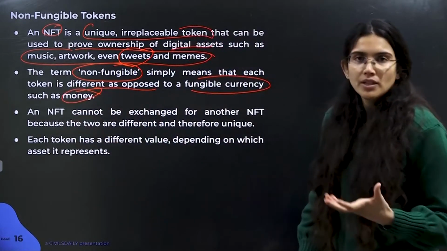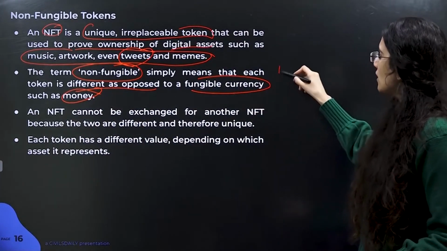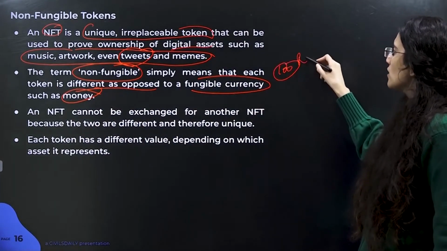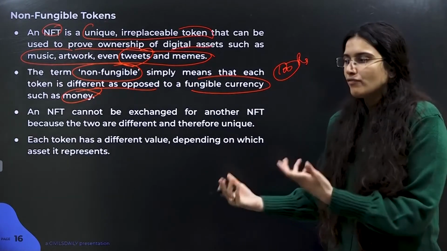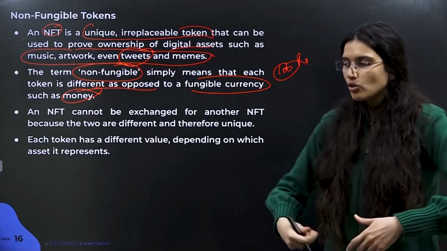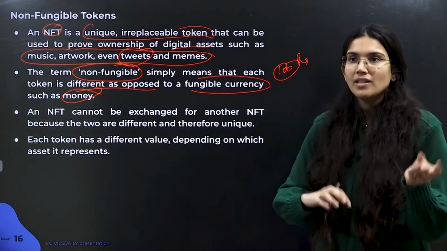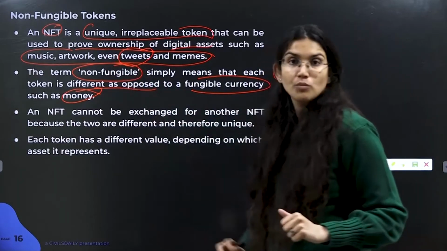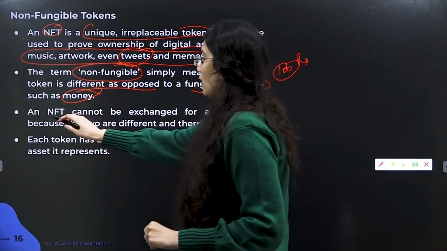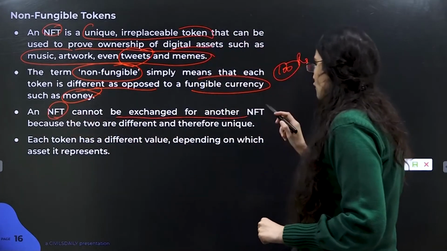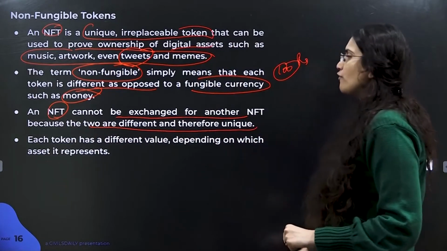Money, your Bitcoin, your currency, right? Your 100 rupee note is not something which is completely uniquely identified. You have multiple notes. There's nothing unique about just one note, but there's something unique about, say, an art piece or a piece of music, right? So that is the idea behind non-fungibility. An NFT cannot be exchanged for another NFT because the two are different and therefore unique.